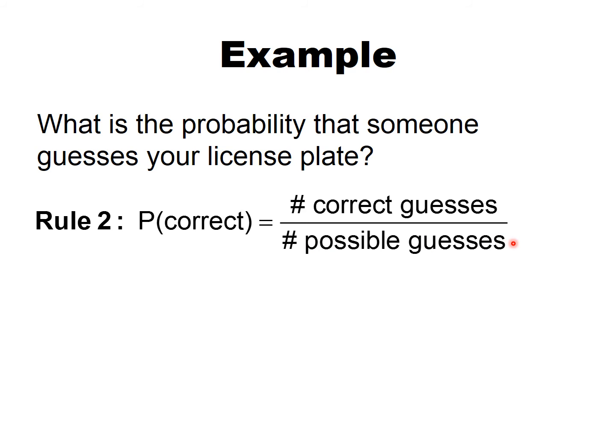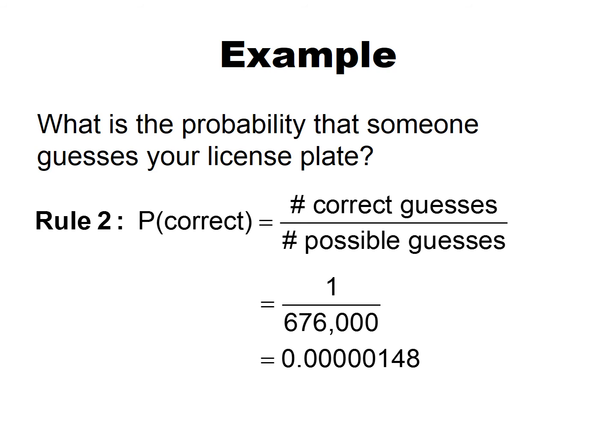We know how many different license plates are possible. And then the number of correct guesses, well, you've only got one license plate, so there's only one correct guess. So we take the one correct guess divided by our 676,000 possible guesses, and we do that arithmetic, and we get a very, very small probability. So not very likely that someone's going to guess your license plate correctly.